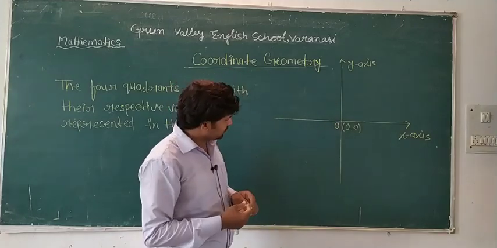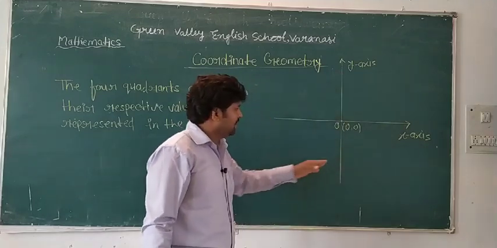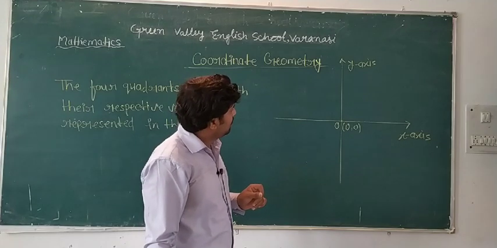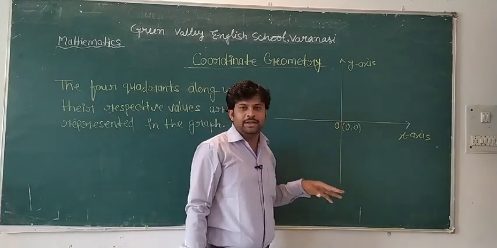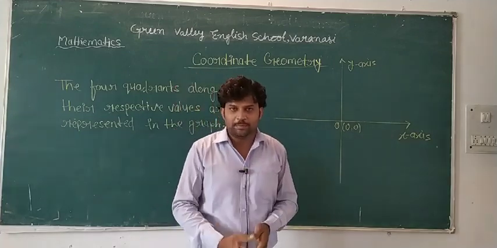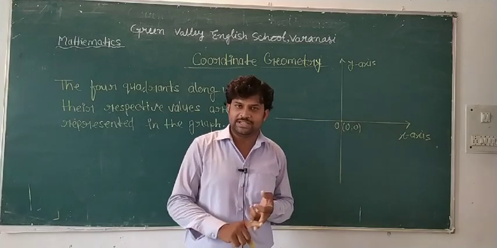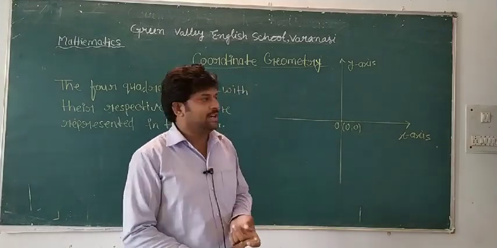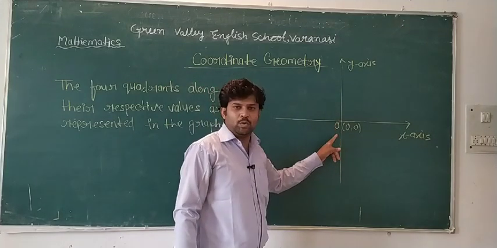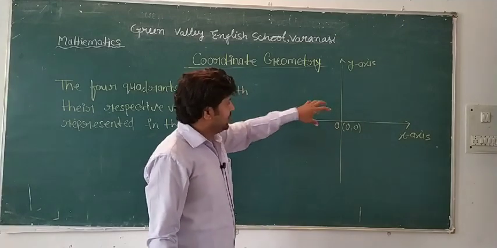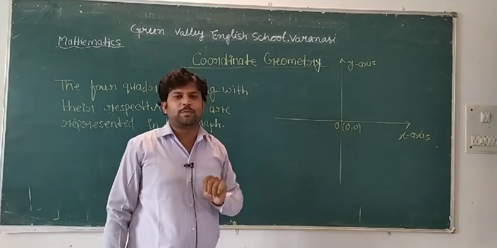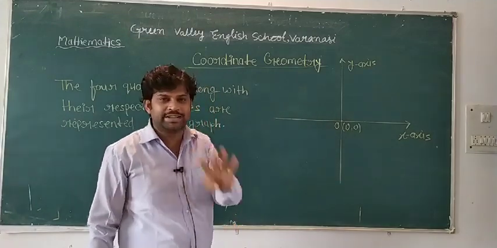In this graph we have four quadrants. When one horizontal line and one vertical line are perpendicular and intersect at point O, that coordinate plane, like the Cartesian plane, is divided into 4 parts, it means 4 quadrants.